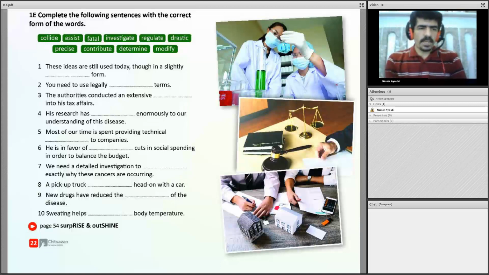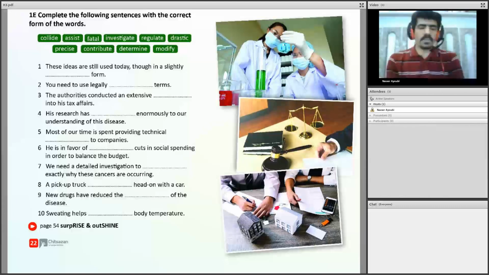Number 5. Most of our time is spent providing technical assistance to companies. Number 6. He is in favor of drastic cuts in social spending in order to balance the budget.